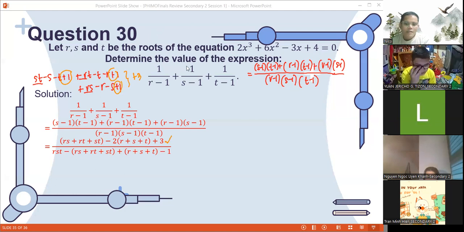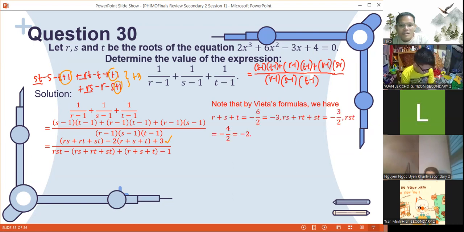Okay. And then the next one is you simplify it by Vieta's formula. This one is a property of Vieta's, equal to negative 3. Okay? So you have here the sum of roots. Don't forget, this part here is the sum of roots.